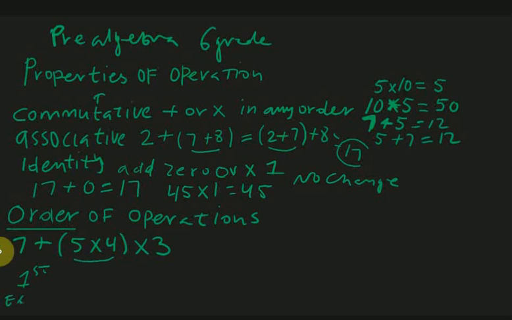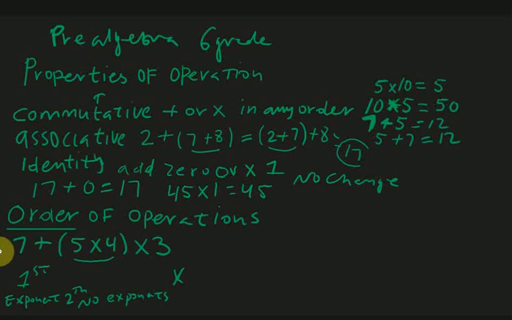If there's no exponent, then we do the multiplication and division, whichever comes first. This is 6th grade Pre Algebra. If you don't get it in 6th grade or 7th grade, there will be a big gap, so you have to know the order of operations.